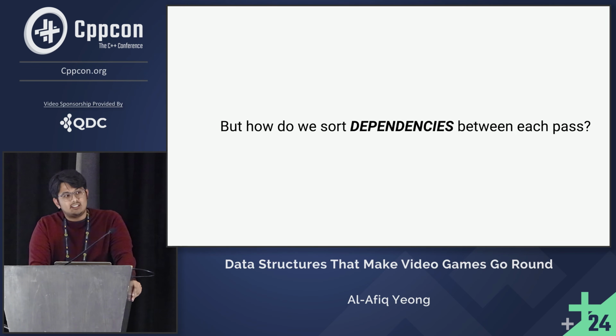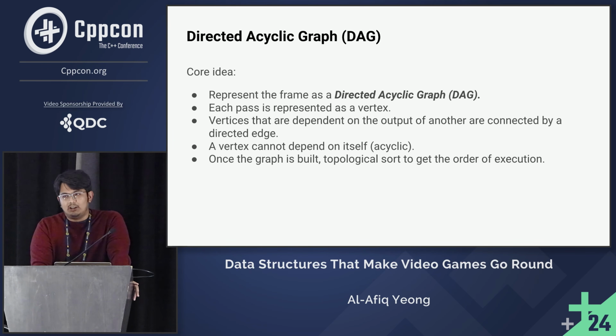Well, there is a data structure that we can use, and that data structure is a directed acyclic graph. The basic idea is that you represent the frame as a directed acyclic graph where each pass is represented as a vertex.